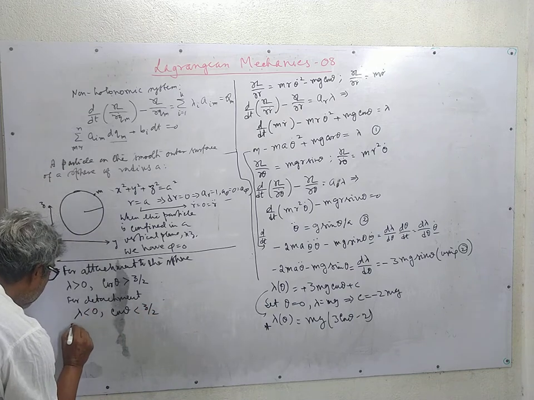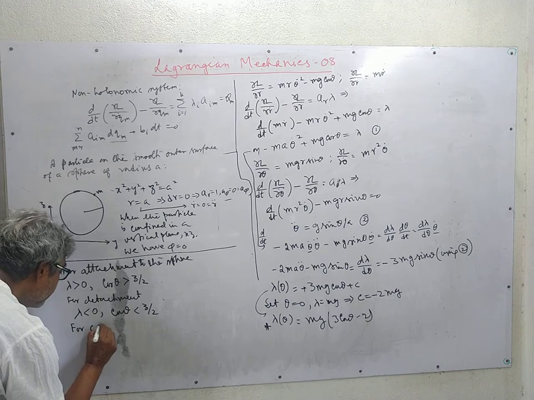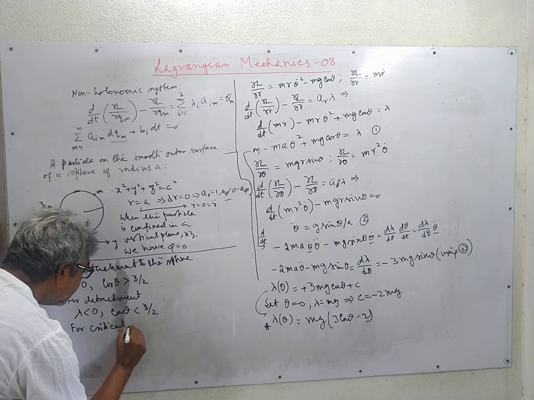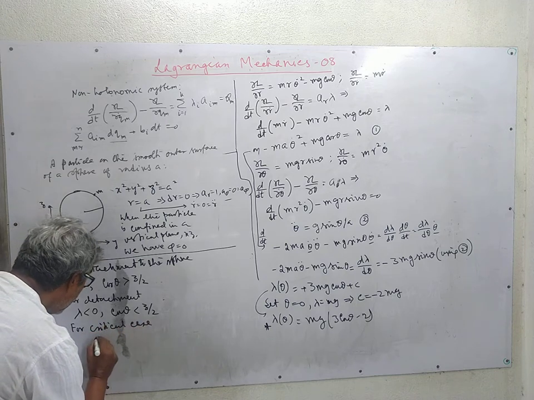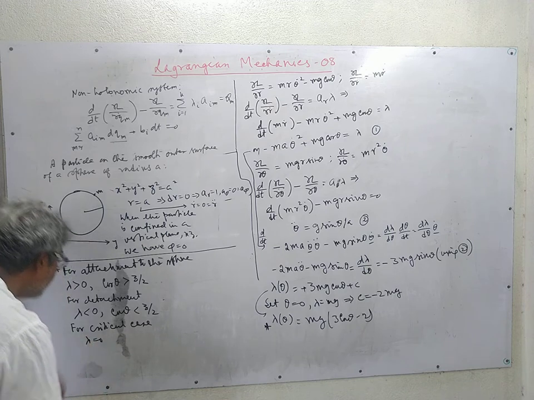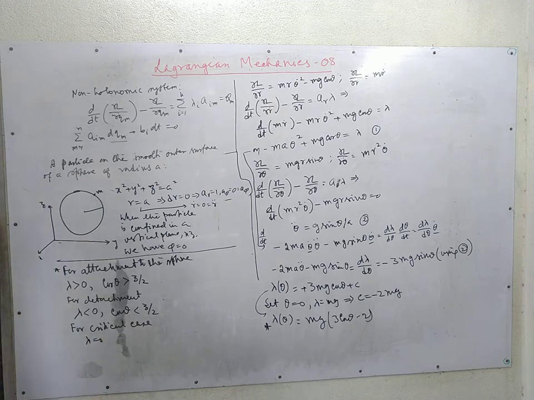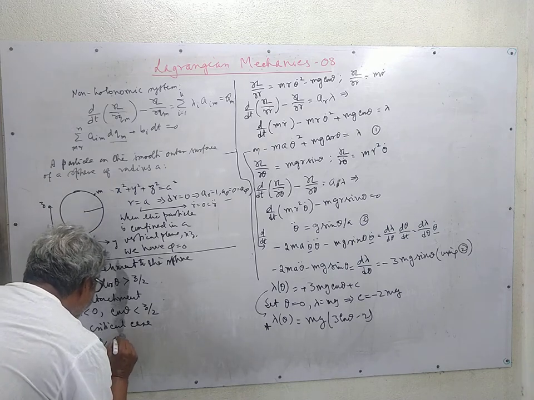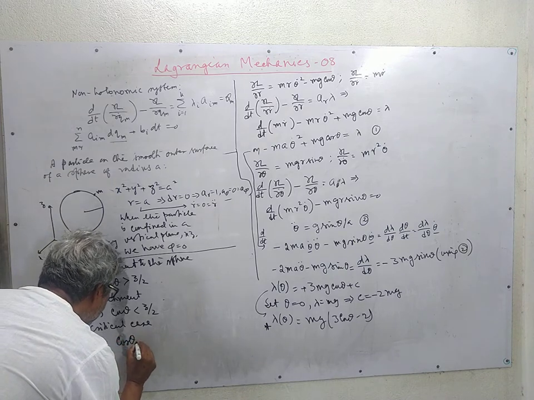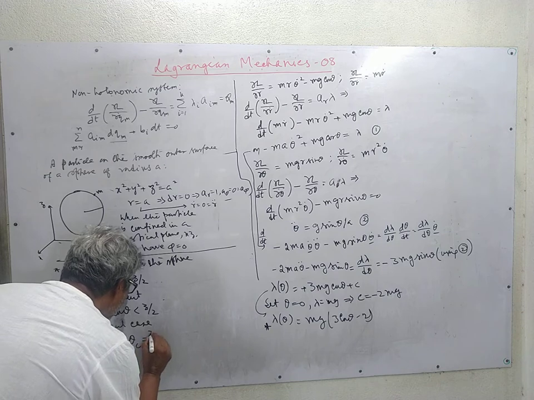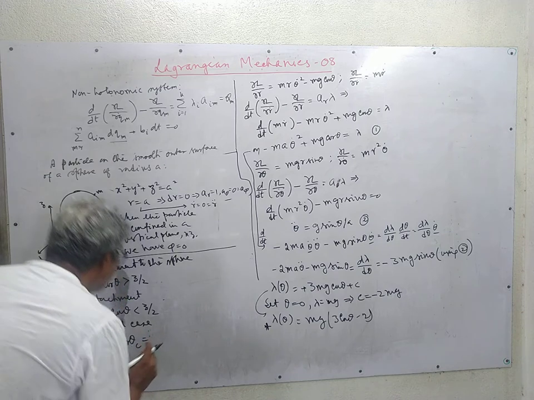Critical case: λ is equal to 0 when the particle is just on the verge of slipping off, or getting detached from, the surface of the sphere. We have cos θc is equal to 2 by 3.